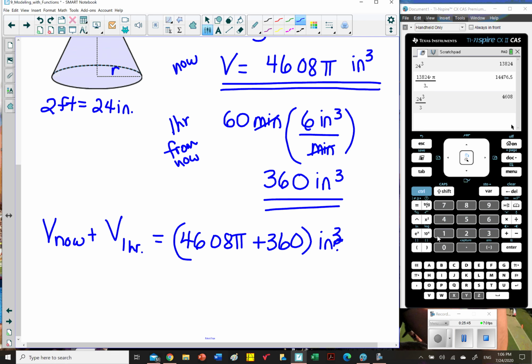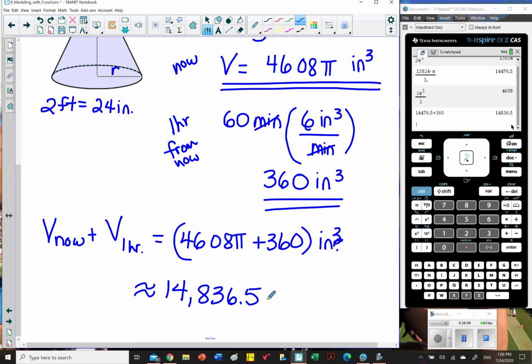And what we have, 14,476.5 plus 360. So the total volume an hour from now is about 14,836.5 cubic inches. That's the total volume. What else did they want to know?